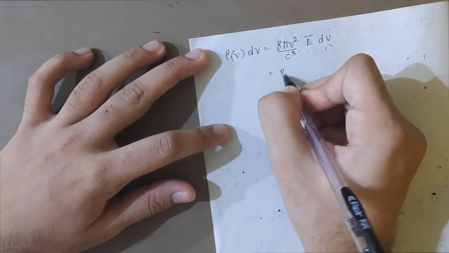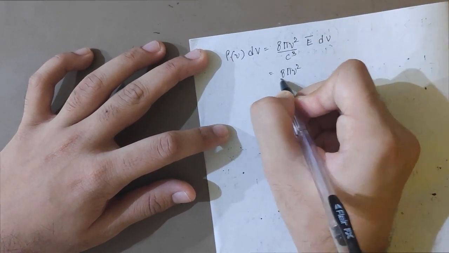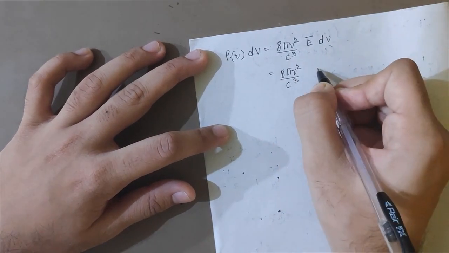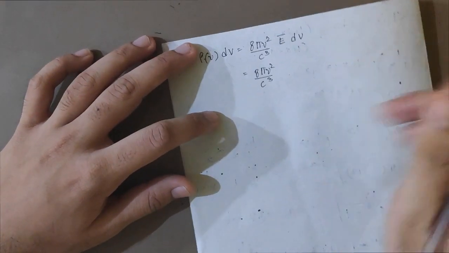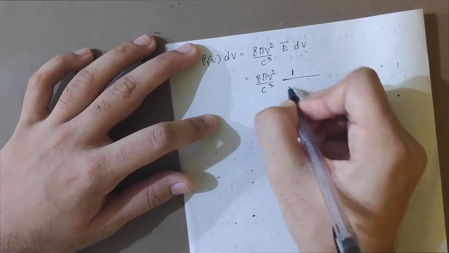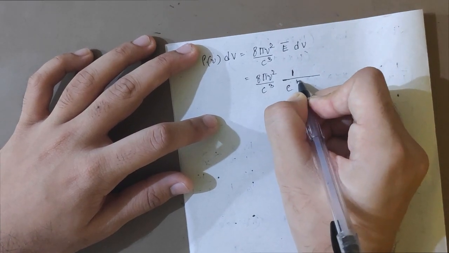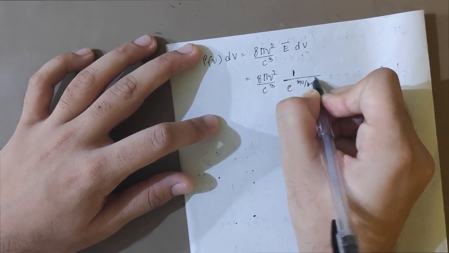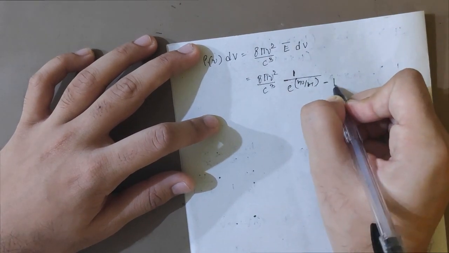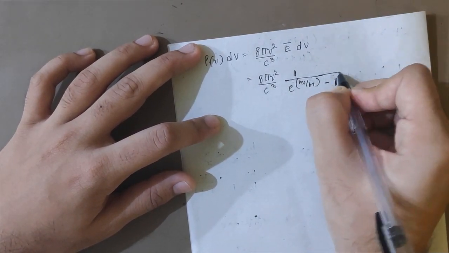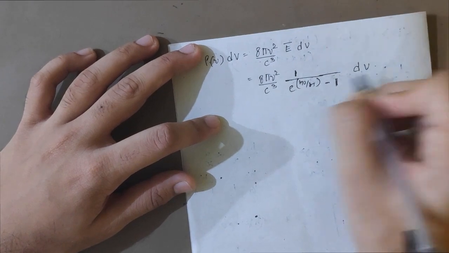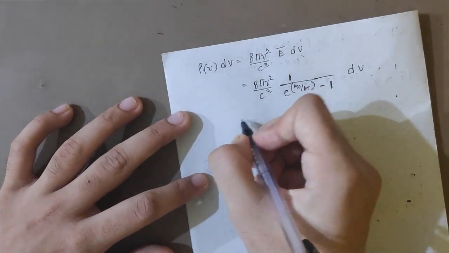This is 8 pi mu squared by c cubed into h mu into 1 by e to the power of h mu by kT minus 1 into dV.